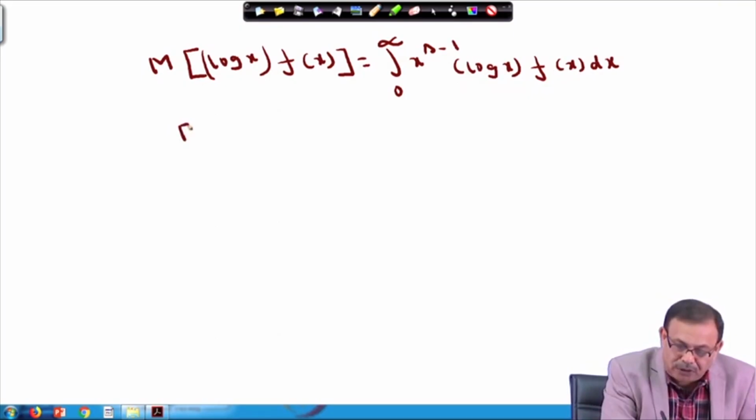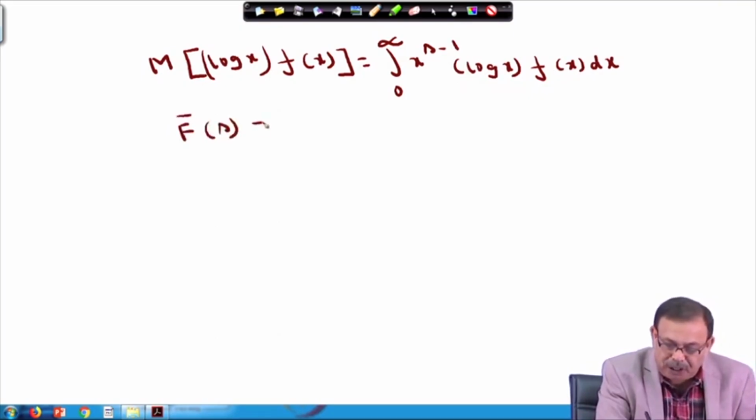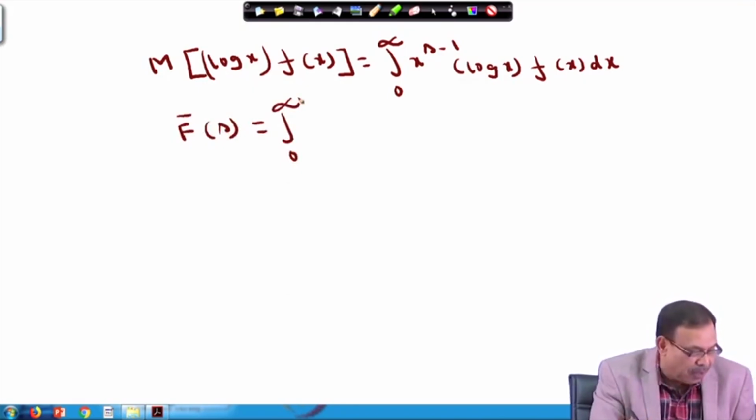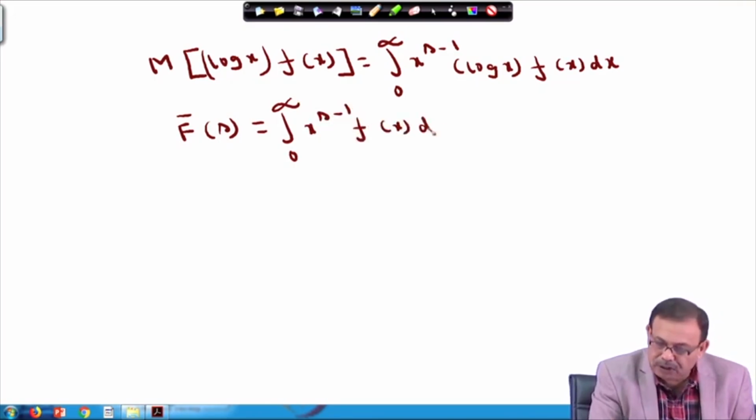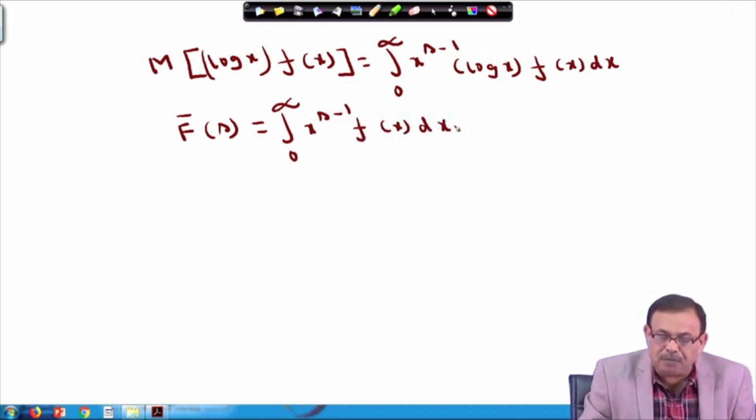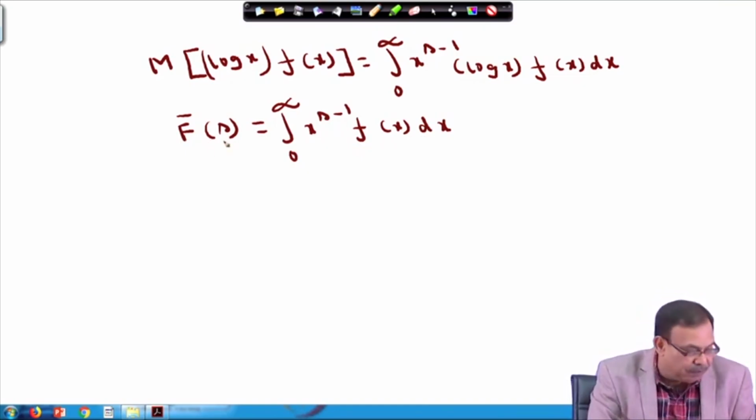And I also know this thing, capital F bar s, from the definition of the Mellin transform, is nothing but the integral from 0 to infinity of x to the power s minus 1 into f(x) dx.